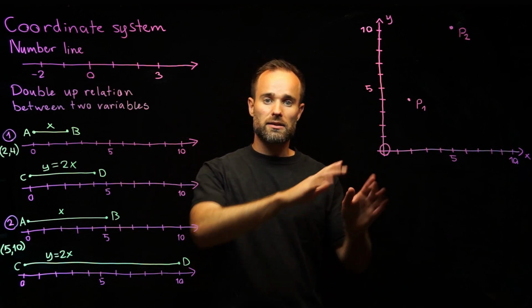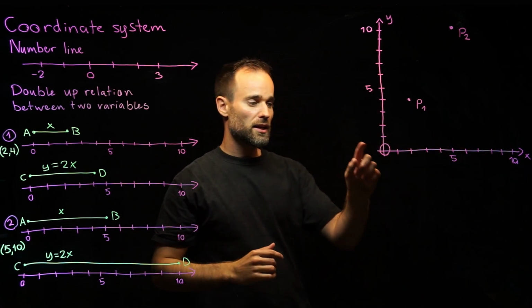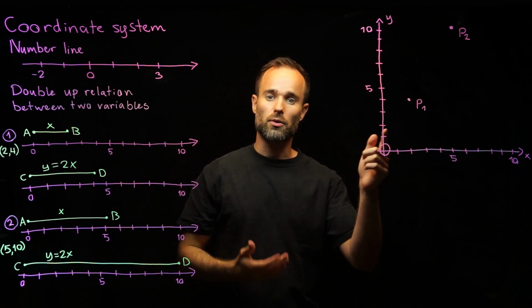Now the two number lines span a number plane, and they intersect at their zeros, known as the origin.